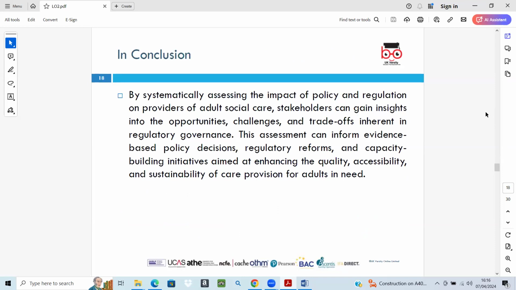So now we have the conclusion. By systematically assessing the impact of policy and regulation on providers of adult social care, stakeholders can gain insight into the opportunities, challenges, and trade-offs inherent in regulatory governance. And this assessment can inform evidence-based policy decisions, regulatory reforms, and capacity building initiatives aimed at enhancing the quality, accessibility, and sustainability of care provision for adults in need.